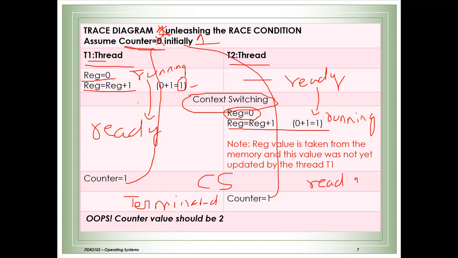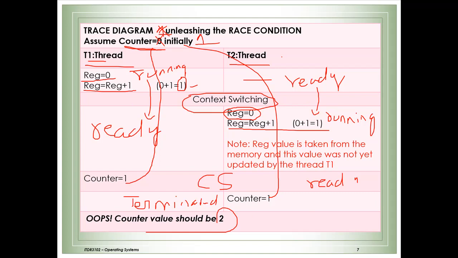When each thread updates the counter variable one time, the final value should be 2, but here the value seen is 1, while the correct answer should be 2. So this is called a race condition. Why?